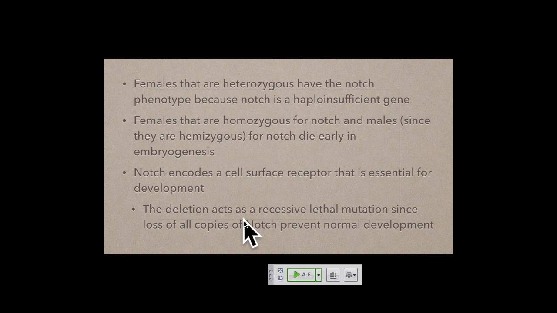And if the female is homozygous for the deletion, then it's lethal. So notch is haploinsufficient. It is a loss of function mutation that is actually acting as a dominant mutation rather than a recessive mutation. But when it's homozygous, it's a recessive lethal.